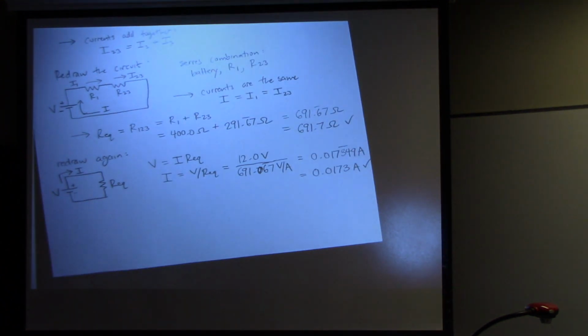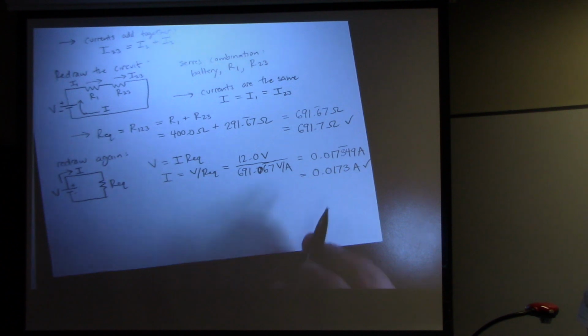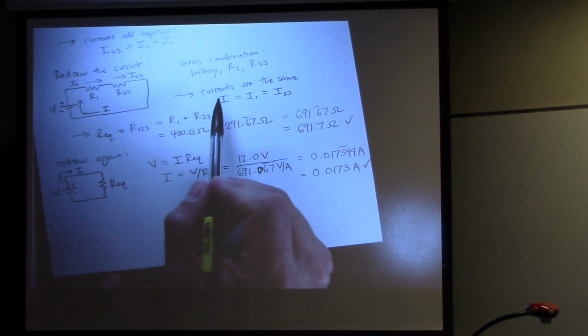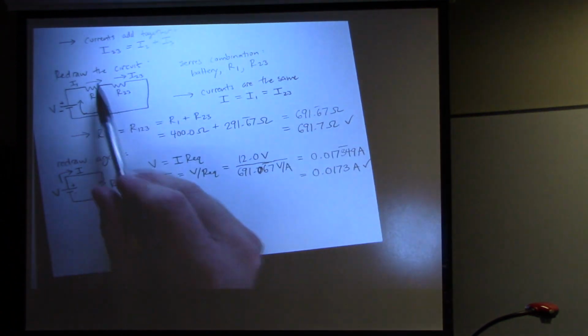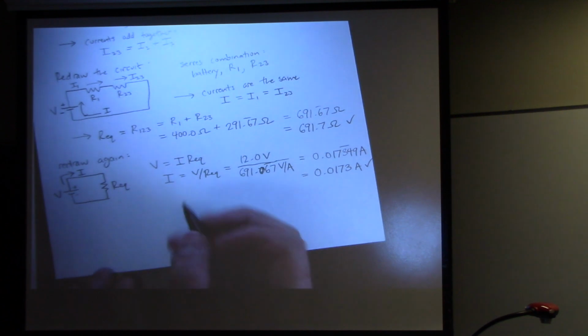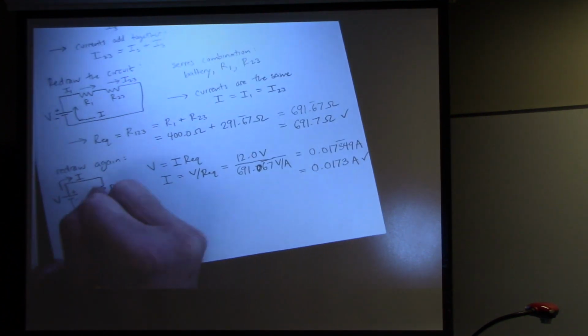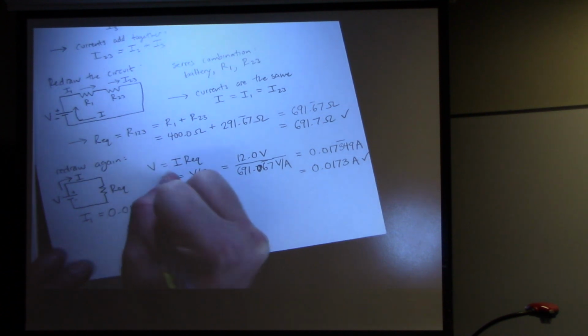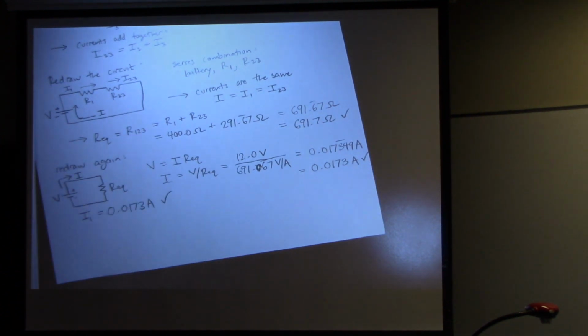So that's the current flowing through the battery. But we just said a second ago that the current flowing through the battery is the same as the current flowing through R1, is the same as the current flowing through this 2-3 combination, so let's write that down. I1 is equal to 0.0173 amps. So we know that right off the bat.